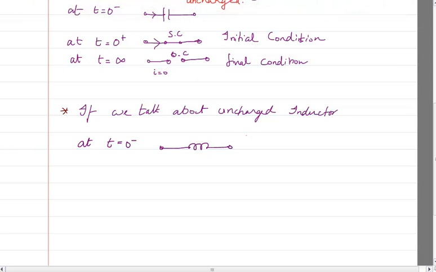Again, it is uncharged. What do you mean by charging of an inductor? The inductor, when current passes through it, will charge by storing the energy as magnetic energy. Here the capacitor is storing energy as electrostatic energy, that is saving up on charges, whereas here it charges up magnetically.